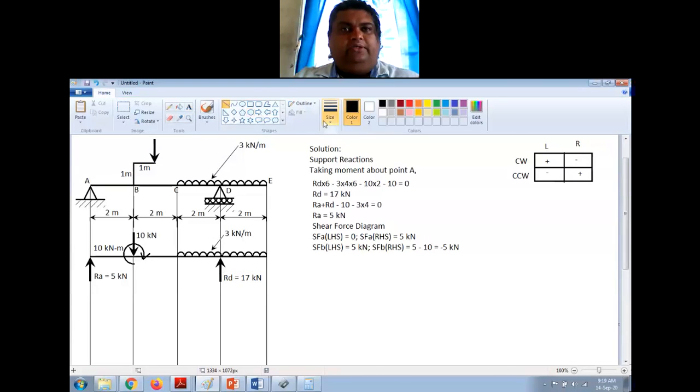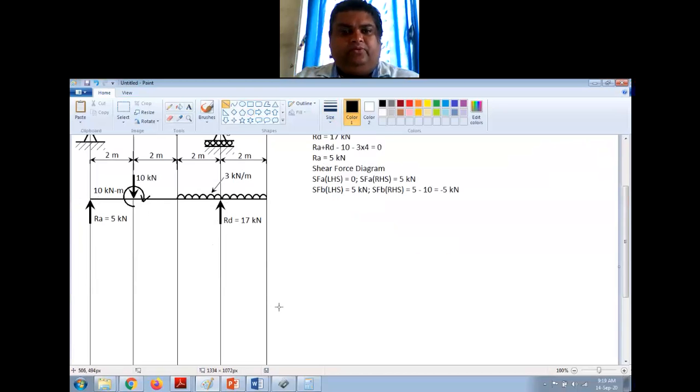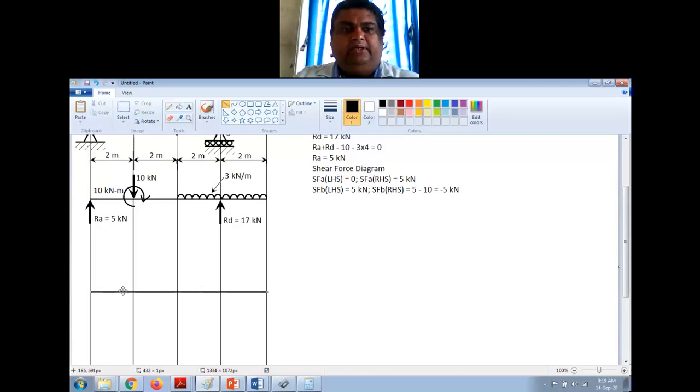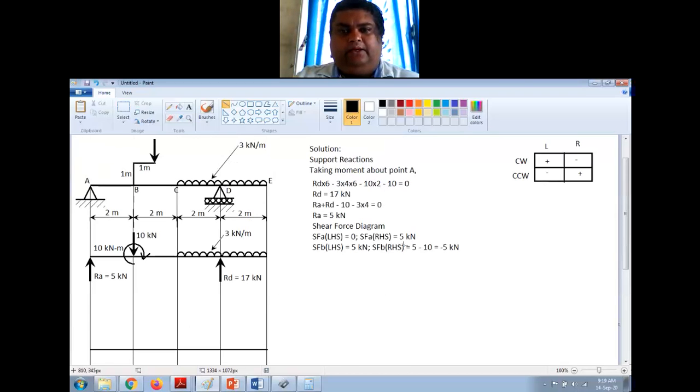Now for drawing the shear force diagram, what I will do is first draw a line like this. So this is my zero shear force line. Now at point A, it will start with 0. So this is 0, that is SFA LHS. Then SFA RHS is 5 kilonewton.